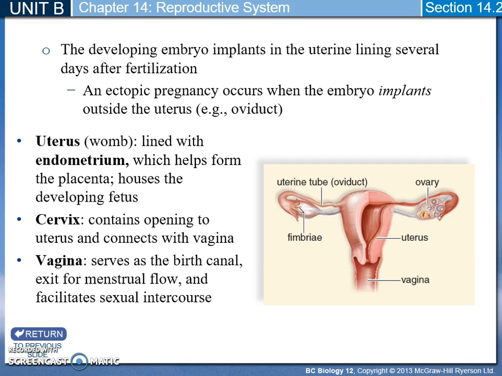If fertilization is going to occur, it depends upon the male ejaculating into the vagina of the female, which then allows the sperm to swim through the cervix, up to the uterus, into the oviducts, and hopefully fertilize an egg. So you can see the sperm actually have to travel quite some distance in order for fertilization to take place.